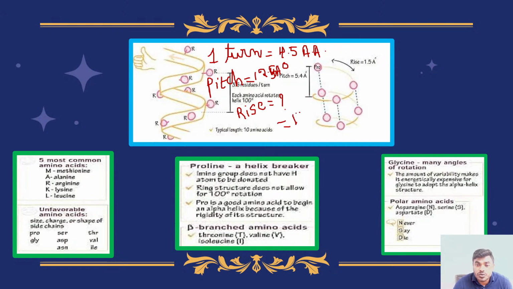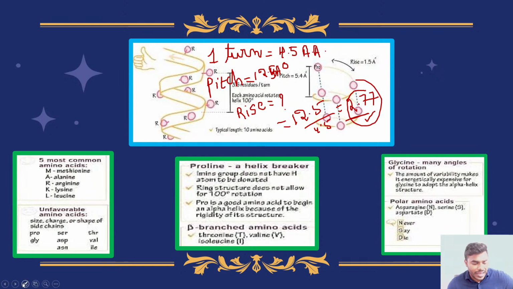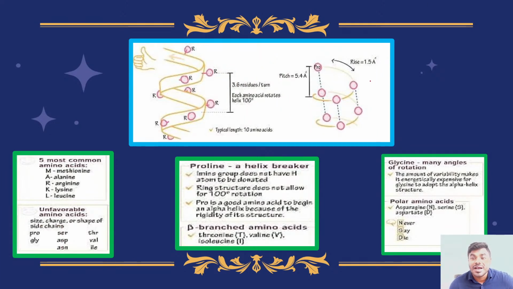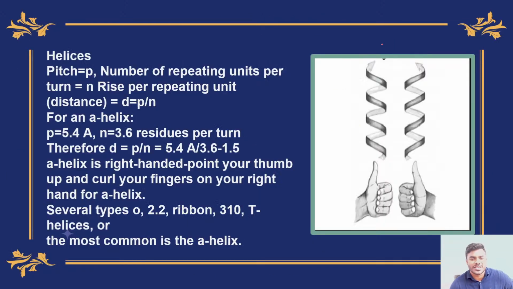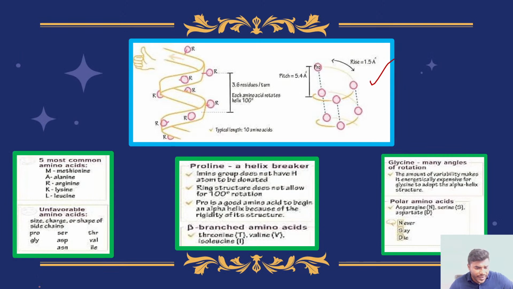So what we have to do is 12.5 by 4.5. So how much will we get? In and around 2.77. So friends, the distance between one amino acid and the next is 2.7. Like this they can also ask the part B questions, which you people have to remember compulsorily.